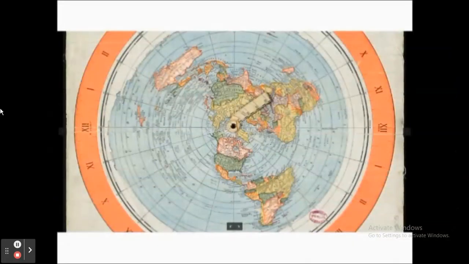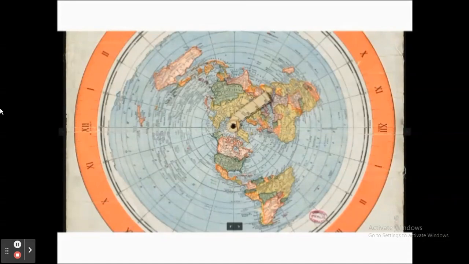Now, everything about this map makes complete sense in our world. I mean, it is a clock. Our world is a clock. We have 24 hours a day, 12 hours of daylight, 12 hours of darkness. Not all the time, but you understand what I'm saying. Even the time zones make perfect sense on this map.